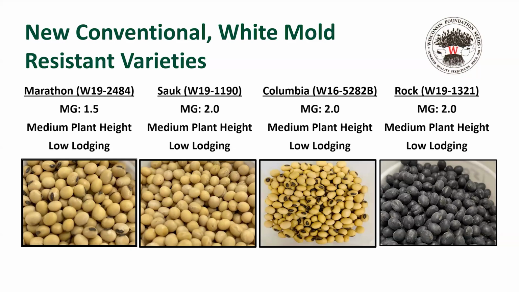Sauk is another one with a maturity of about 2.0. Same with Columbia, which is our 5282B. Sauk does have a clear hilum, where Columbia again has this black hilum. And then we also introduced and released this specialty bean, what we are calling Rock, which is our black seeded soybean with very high levels of white mold resistance.